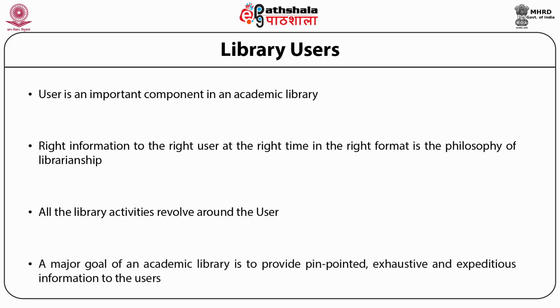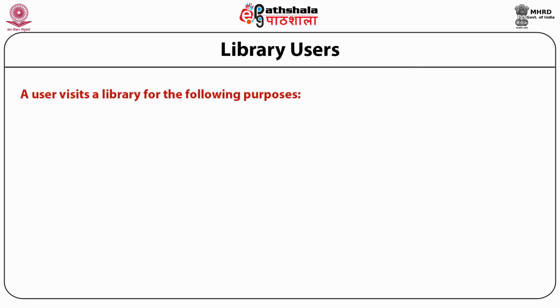A major goal of an academic library is to provide pinpointed, exhaustive, and expeditious information to the users. A user visits a library for various purposes to fulfill his information needs. These purposes of his visit vary from time to time and situation to situation.